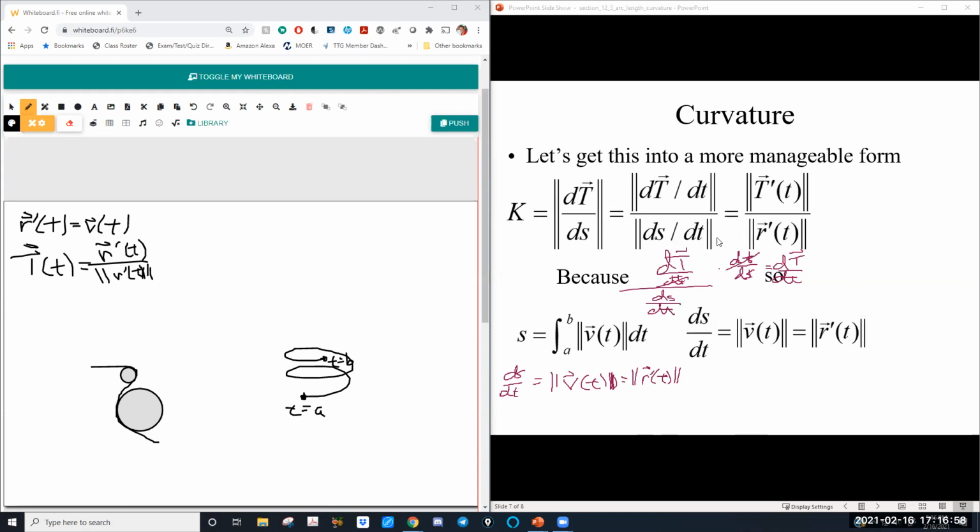So all this stuff is kind of building from what we did last time. Right here, this is what we'll call formula number one, because there are going to be two formulas for arc length, as you saw in the videos. This is number one, and if the magnitude of r prime of t comes out to be a constant, this is a good one to use.